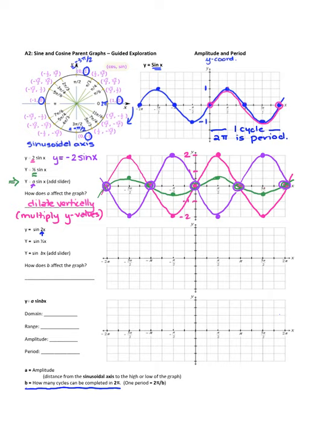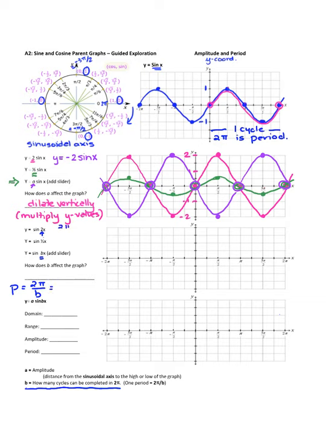That means my new period, which we label p, is always going to be 2 pi divided by b. That's how long it takes to complete 1 cycle.